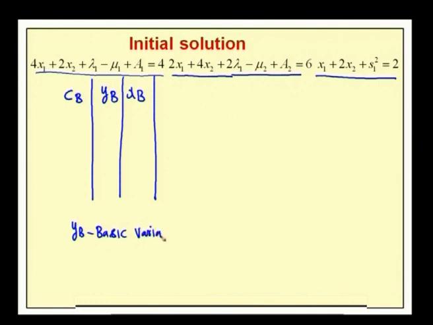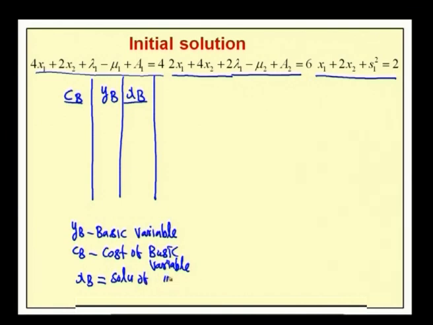As far as this problem is concerned, we have the basic variables A1, A2, S1, and CB is the cost of the corresponding basic variables, and XB is the initial basic feasible solution, that is, the solution of the basic variables.